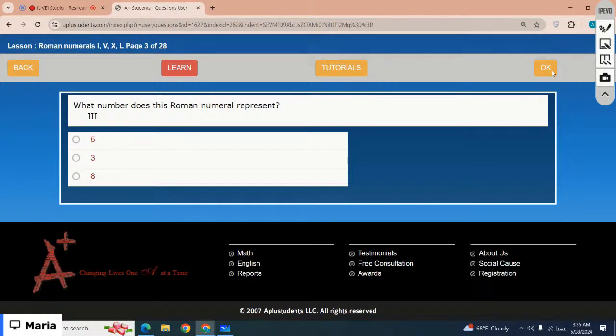What number does the Roman numeral represent? Which is the correct option? Yes, that is 3. The correct option is 3.